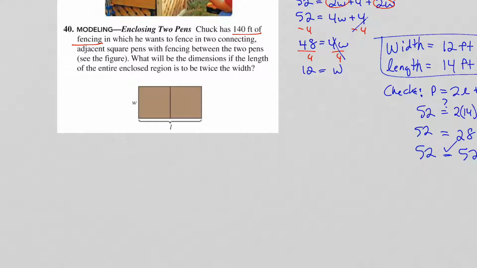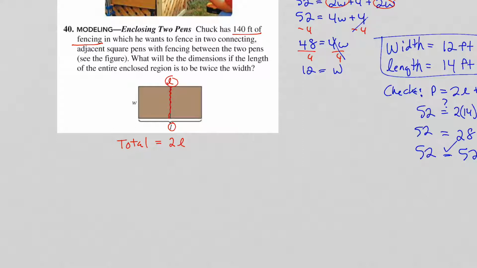Okay, so first of all, we know the total, okay? The total fencing. That includes this middle part here. So this time we have a total fencing. And that total is going to be made up of, now we have a length, and we know there's another length there, so we got 2 L's.